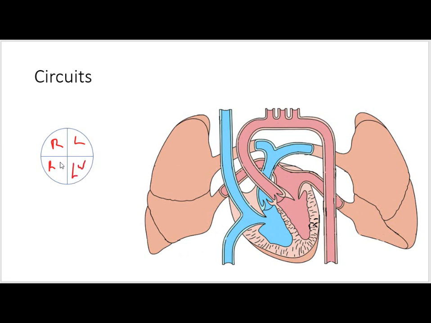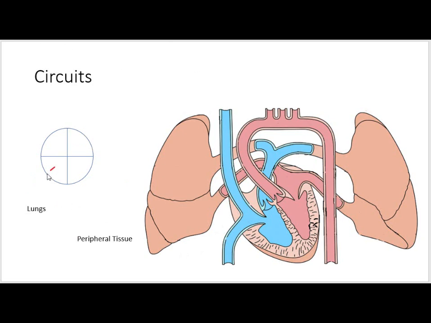We're going to look at those and see how the blood flows from place to place. So from the right ventricle, the blood is pumped to the lungs. Some kind of gas exchange occurs at the lungs, and from the lungs, the blood comes back to the heart.